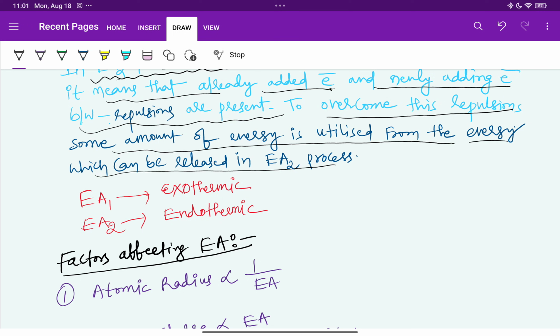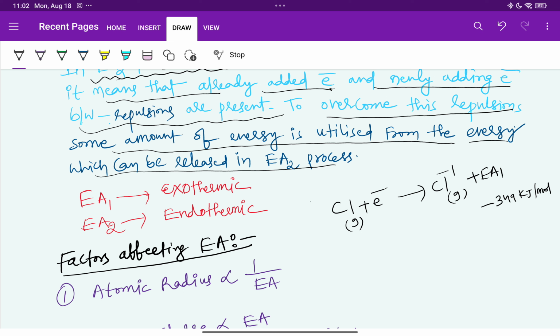For example, here I am taking Cl, a neutral gaseous atom. I added one electron, then it becomes Cl minus 1, a uni-negative ion, EA1. So here, for example, 349 kilojoule per mole of energy is released.